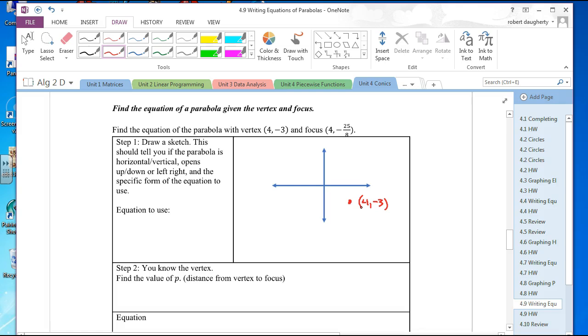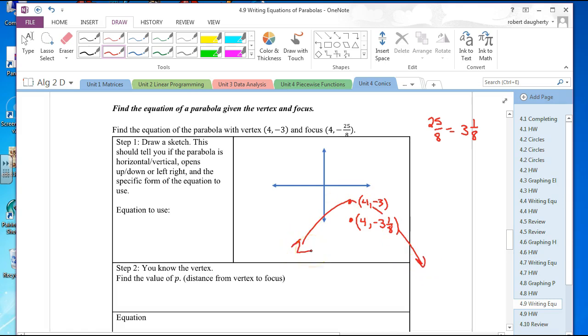So remember 25/8, that's just 3 1/8, okay? So the focus is going to be at 4, negative 3 1/8. Okay? So this parabola opens where? Down. If this is the vertex and that's the focus, you know that it has to do this, okay?